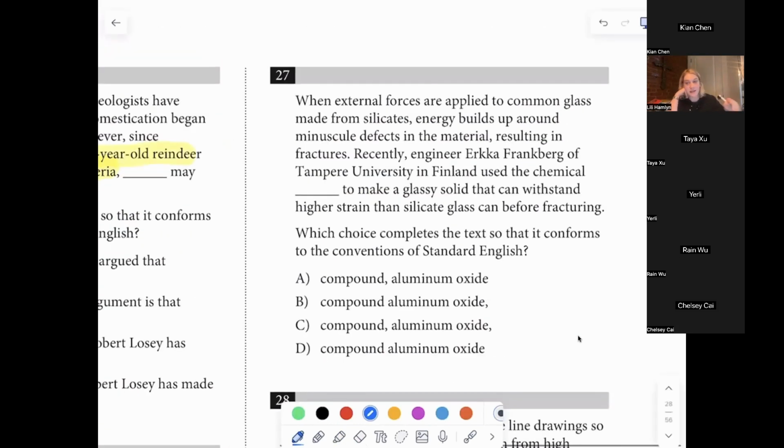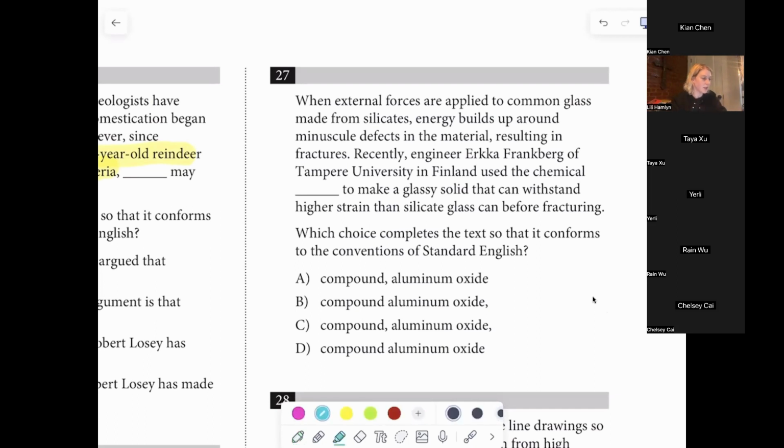All right, 27. What did everyone get? Okay. All right. So here we actually don't want any punctuation. So engineer.